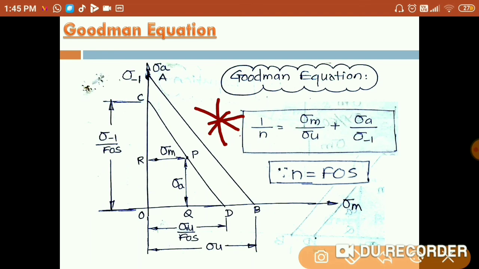By this equation we can find the factor of safety. This is the Goodman equation.